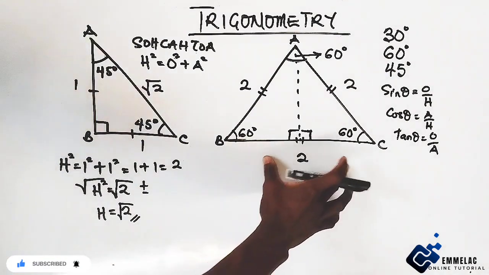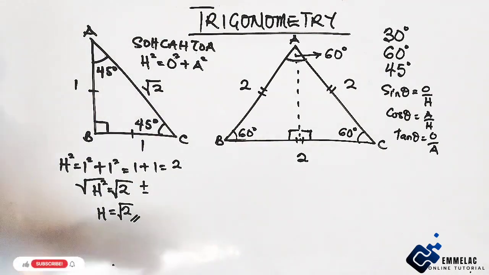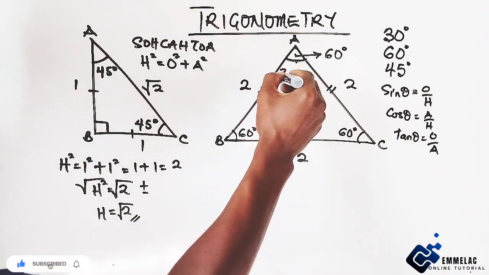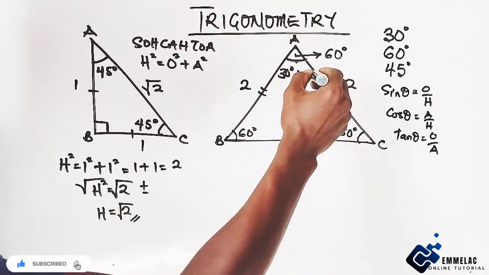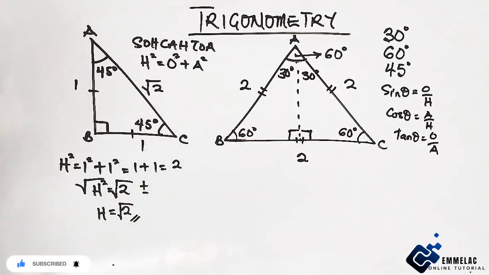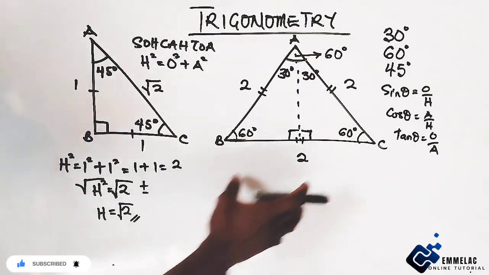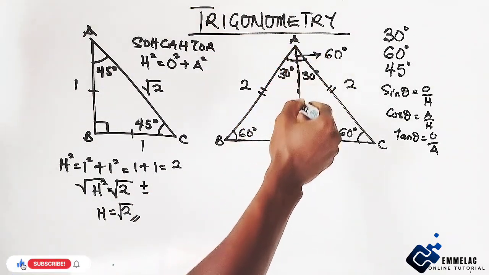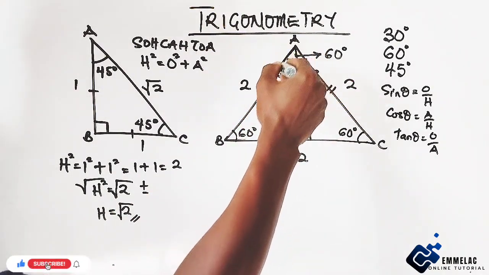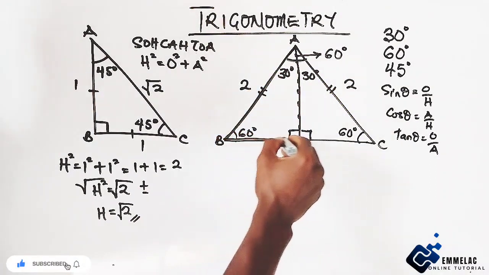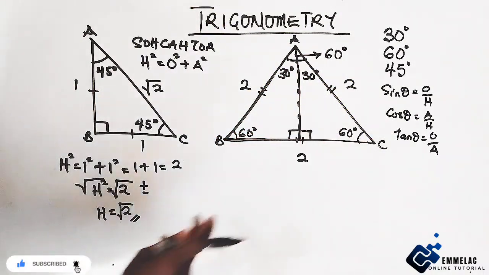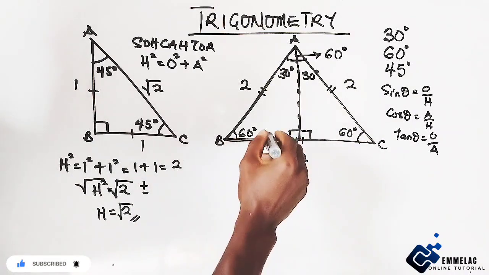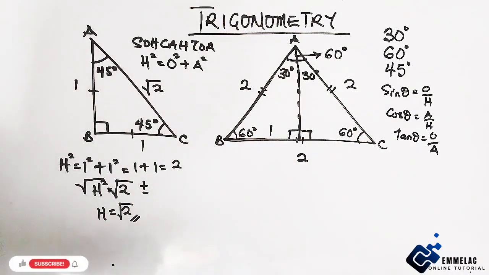Now let's move to the right angle triangle that has the 60 and the 30-degree. Since we divided this into equal parts, it means that here will be 30-degree and here will be 30-degree. Alright, now putting this into consideration, you can see we can draft out one right angle triangle, which implies that since from here to here is 2, we can also represent here to be 1, right?